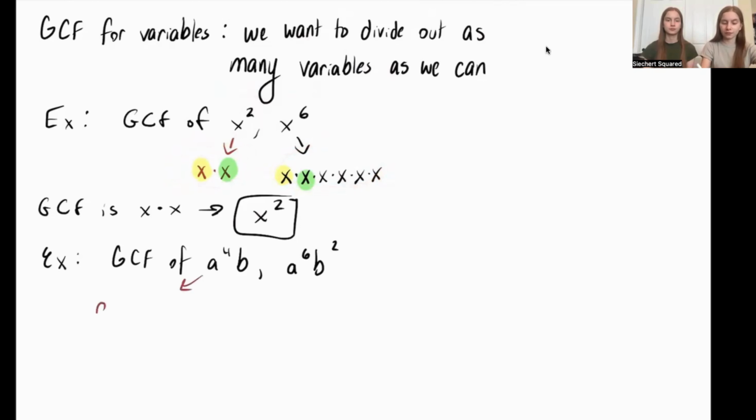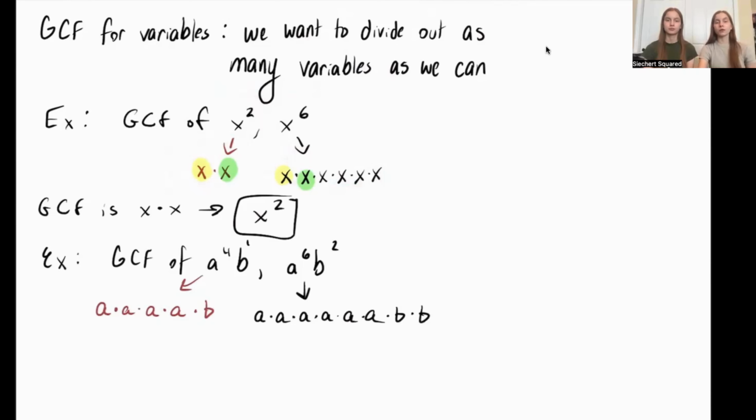So we are going to have 4 a's, because it's a to the 4th, so 4 a's multiplied together, and 1 b also multiplied on there. Just a reminder that b has an invisible exponent of 1, so that's why there's only 1 of them. And then for the term on the right, it says a to the 6th, so we're going to have 6 a's, 3, 4, 5, 6 a's, and 2 b's.